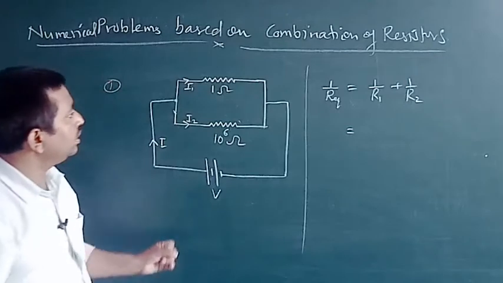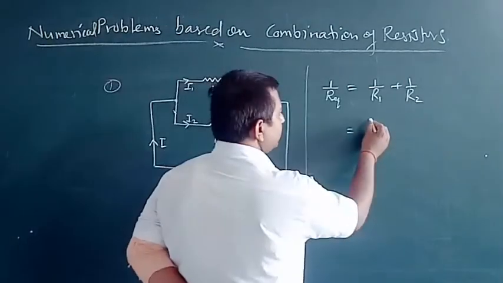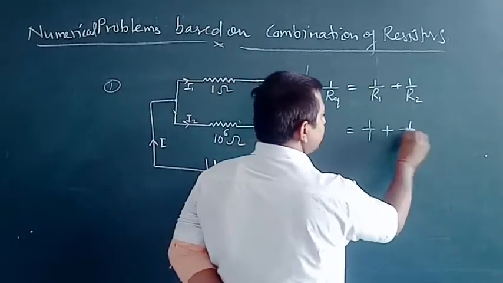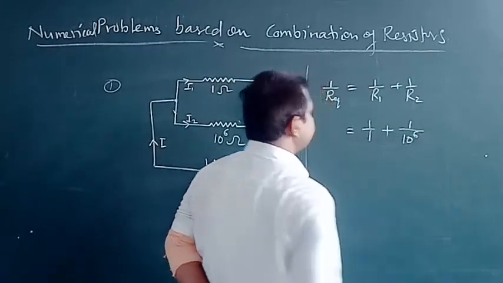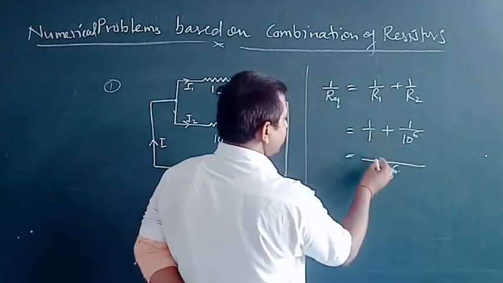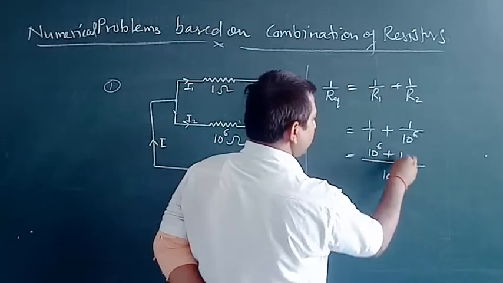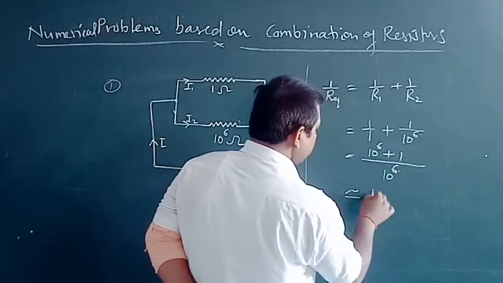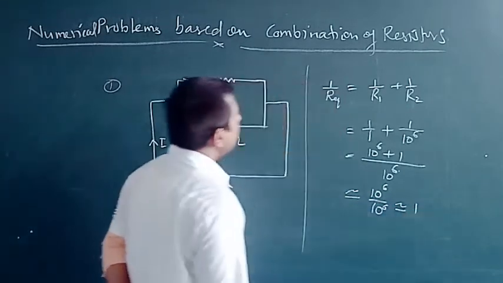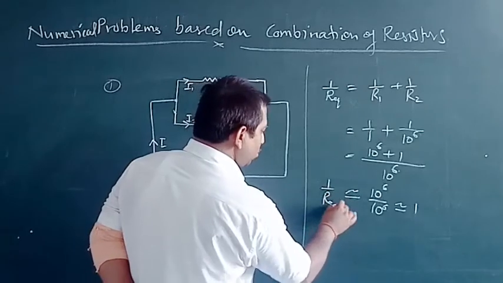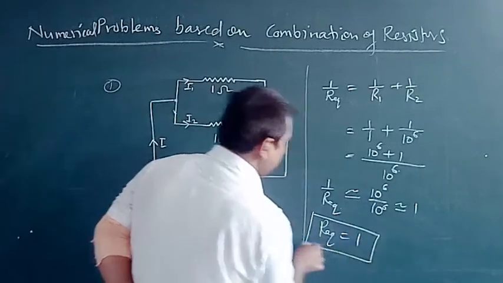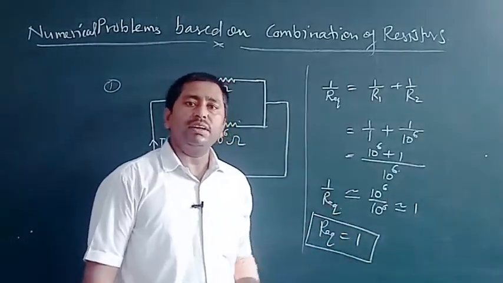If we put R1 as 1 ohm and R2 as 10 to power 6 ohm, then we get 1 upon 1 plus 1 upon 10 to power 6. If we take the LCM, we get (10 to power 6 plus 1) upon 10 to power 6, which is nearly equal to 10 to power 6 divided by 10 to power 6, that is nearly equal to 1. So if 1 upon R equivalent is nearly equal to 1, then R equivalent is also nearly equal to 1, because the reciprocal of 1 is also 1.